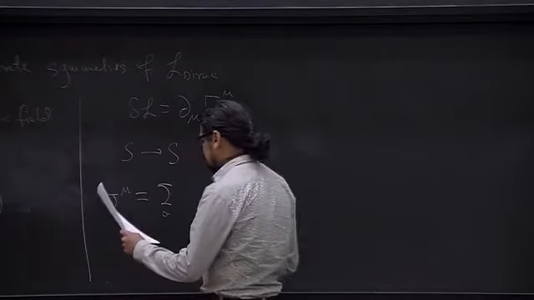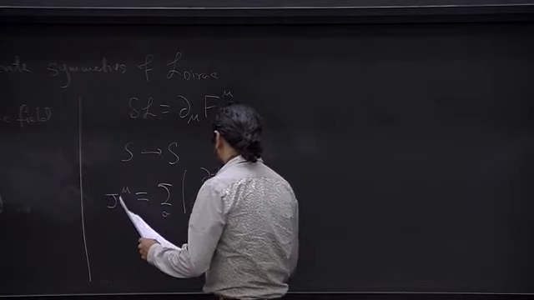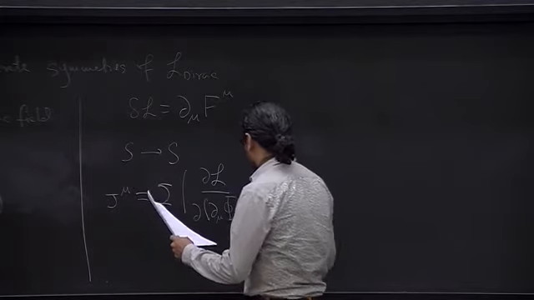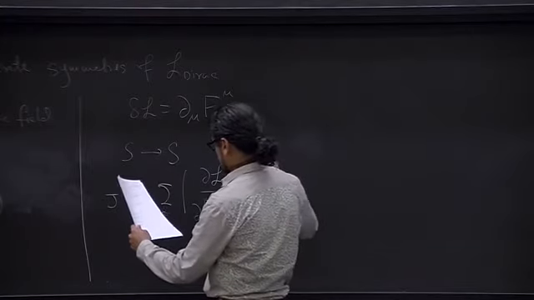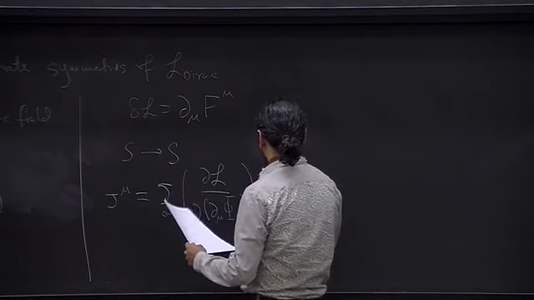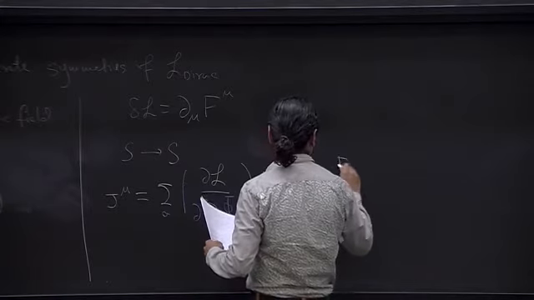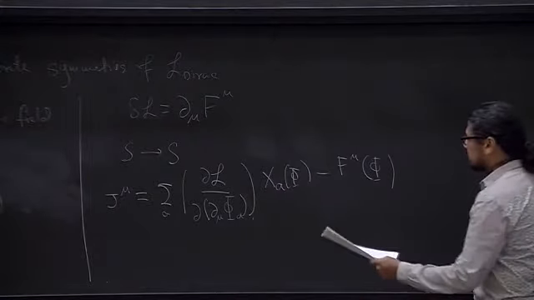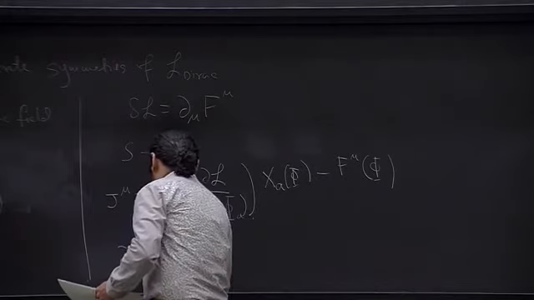For all the fields, you sum over the derivative of the Lagrangian with respect to the derivatives of the fields times delta of phi A minus f mu of phi. And these currents are conserved. That's what Noether's theorem tells us: using the equation of motion, you can show this.